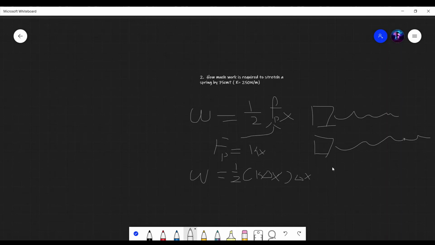So this is not the real formula, not yet. I'm just doing some of the stuff. And then you would come to this 1/2 of K delta X squared. Because if you think of it, delta X times delta X is equal to delta X squared.